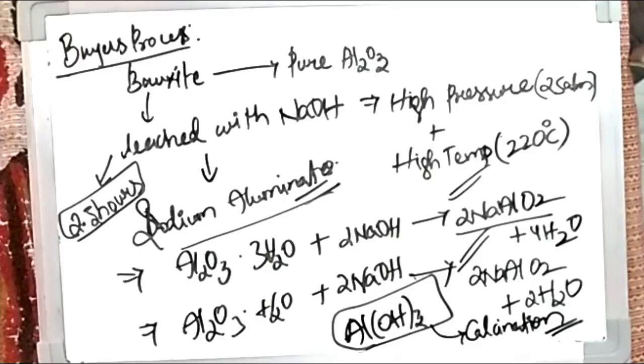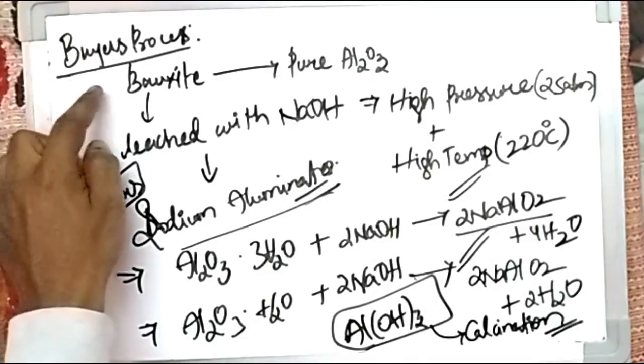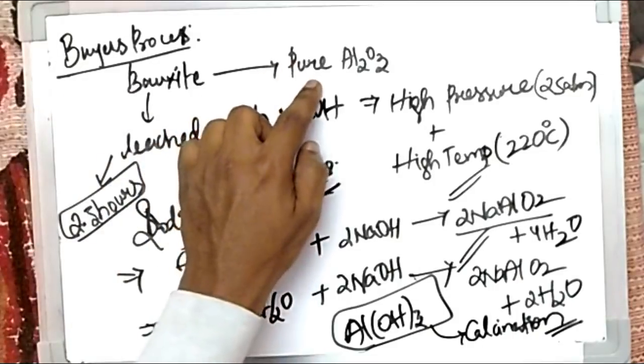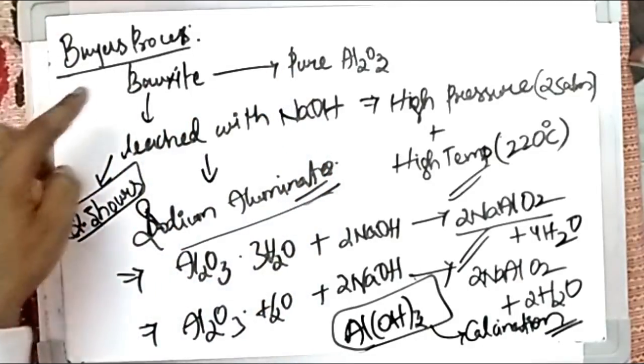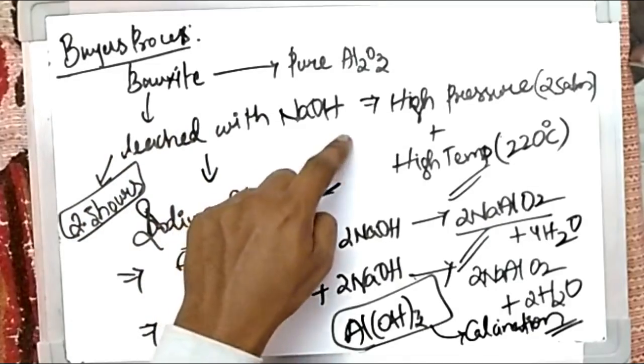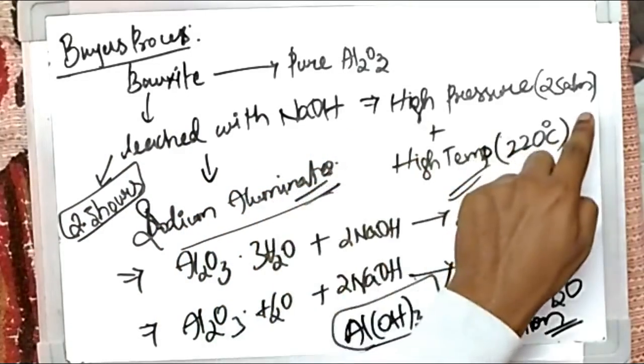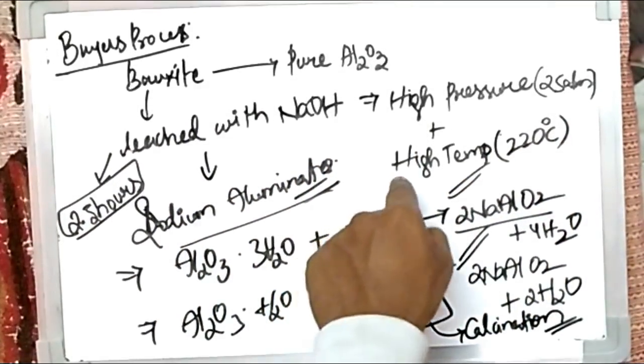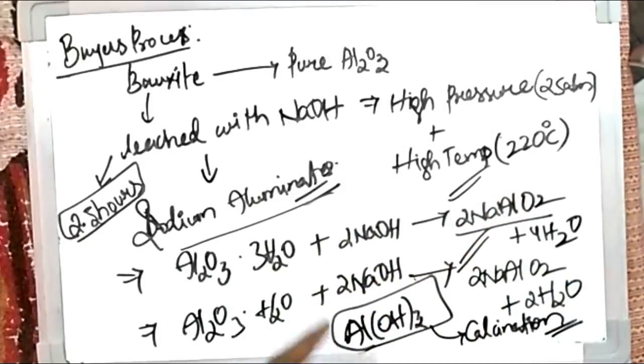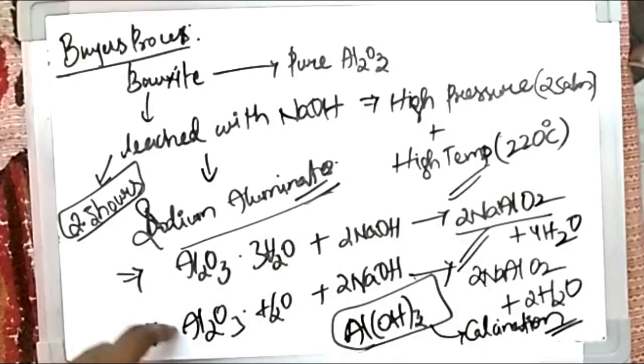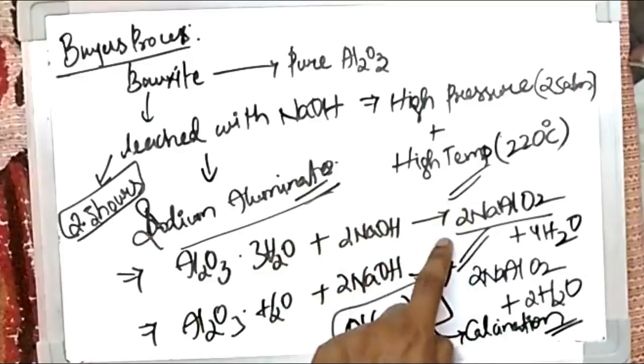So briefly if I explain it again, extraction of pure Al2O3 from the bauxite is known as Bayer's process. Bauxite is leached with NaOH under a condition of high pressure of 25 atmosphere and a high temperature of 220 degrees Celsius, and these reactions undergo, and finally we get sodium aluminates.